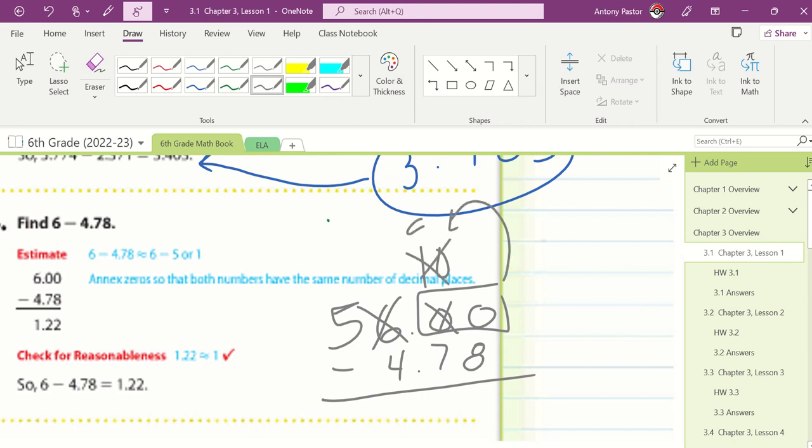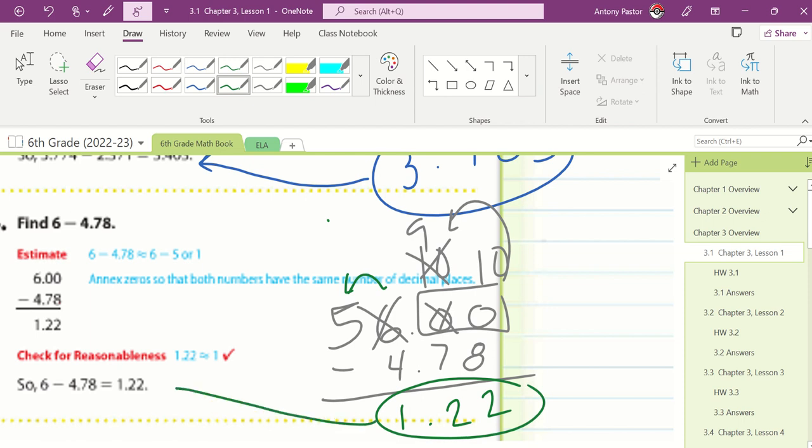This will now become 9, and this will become 10. 10 minus 8 will give me 2. 9 minus 7 will also give me 2. Bring down the decimal, and remember, because we borrowed from this 6, it became 5. 5 minus 4 would become 1. I put another decimal in there for some reason. 1.22. And that is exactly what we have over here.